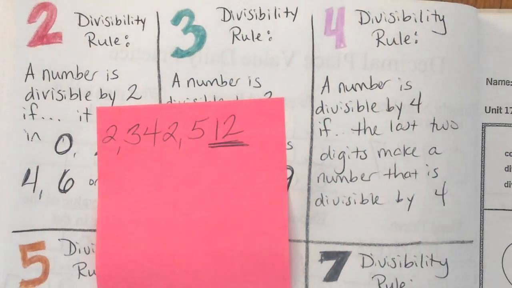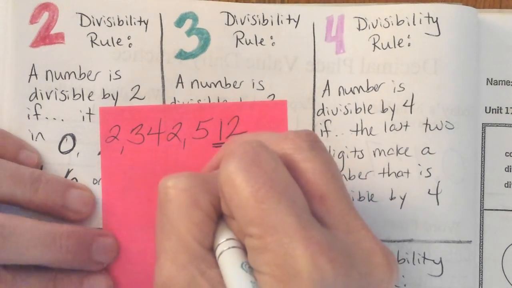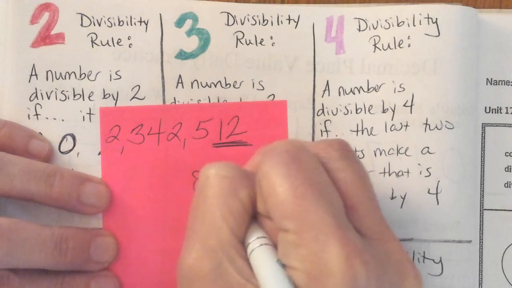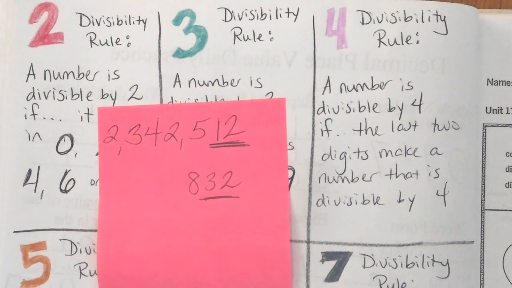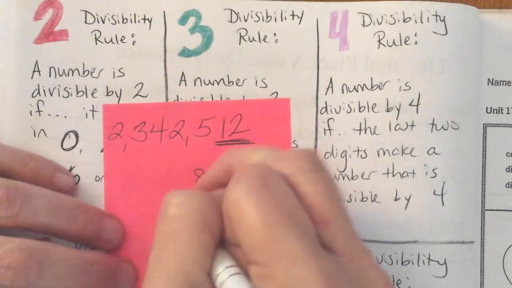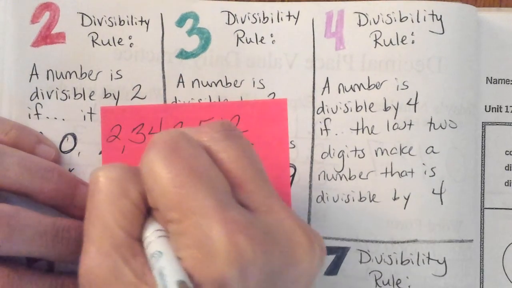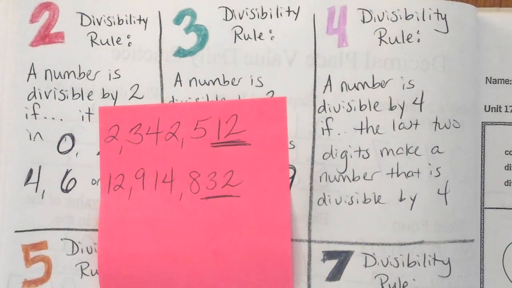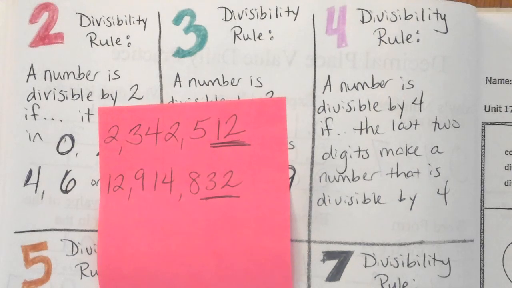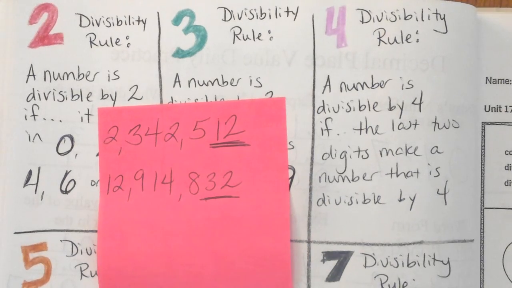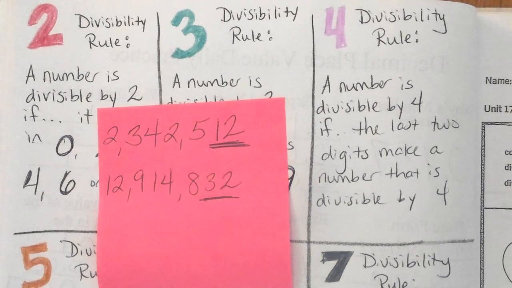Still divisible by 4 because it ends in a 12. If it ended in 32, because 32 is divisible by 4, 832 is divisible by 4. 14,832 is divisible by 4. 12,914,832 divisible by 4. As long as the last two digits make a number that's divisible by 4.